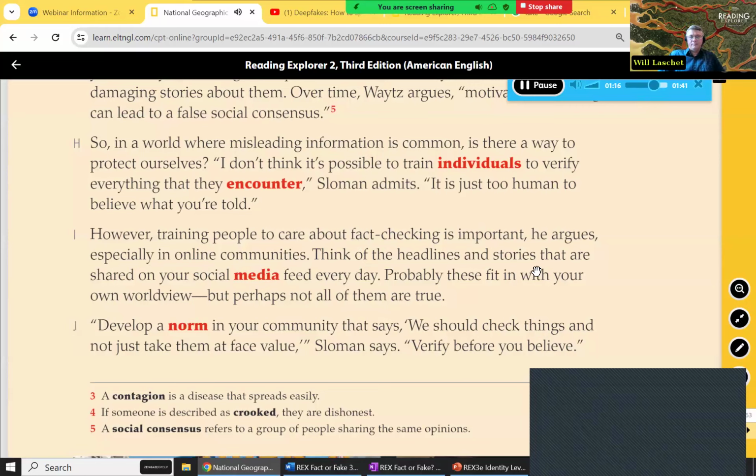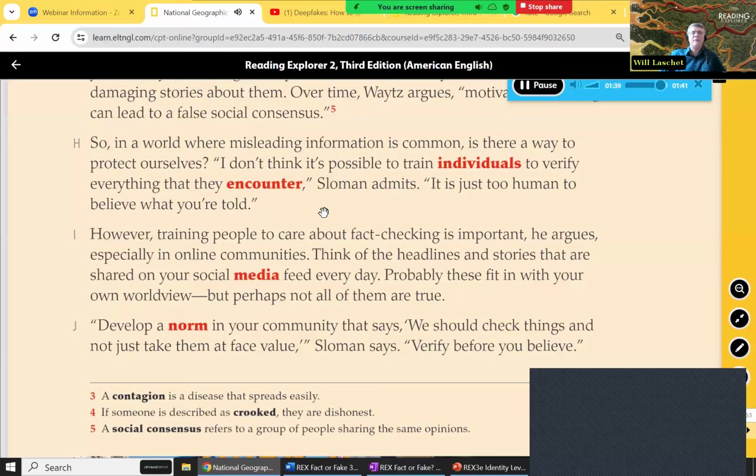Think of the headlines and stories that are shared on your social media feed every day. Probably these fit in with your own worldview, but perhaps not all of them are true. Develop a norm in your community that says, we should check things and not just take them at face value, Sloman says. Verify before you believe.